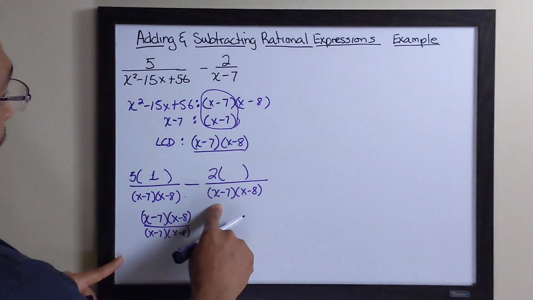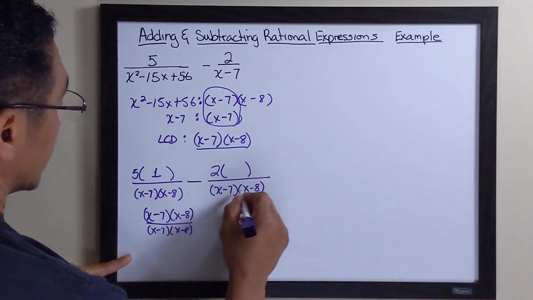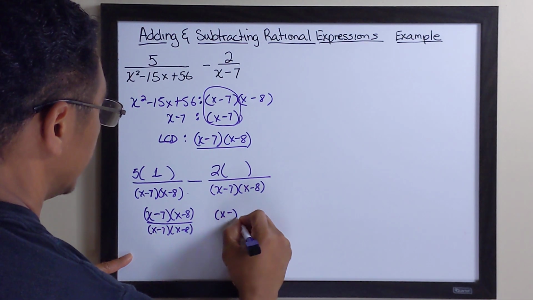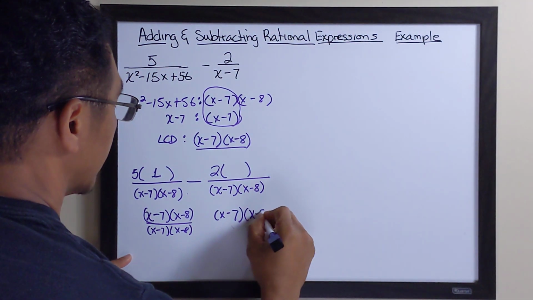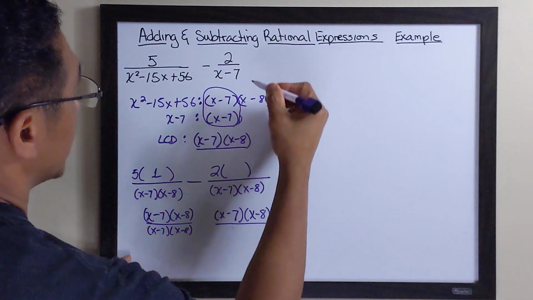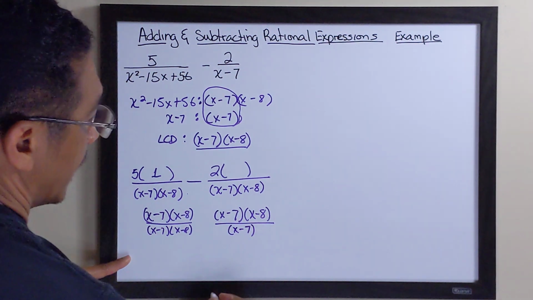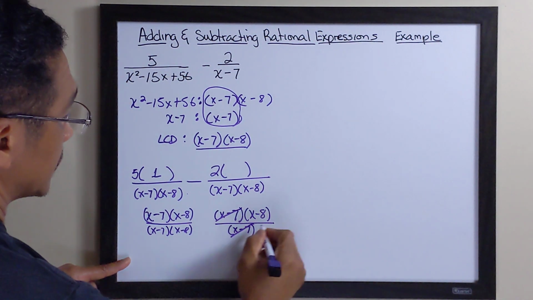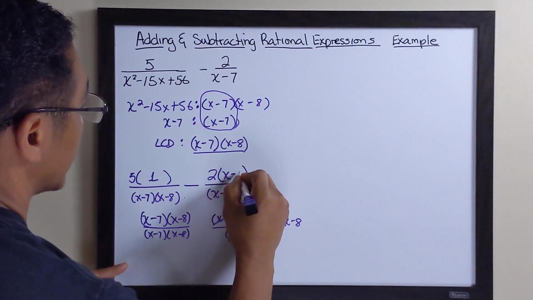Let's do it for the second term. I take the new denominator, which is x minus 7 times x minus 8, and divide it by the old denominator, which is x minus 7. If you do that, the only thing that cancels is the x minus 7, so you're left with x minus 8. So what goes here is x minus 8.